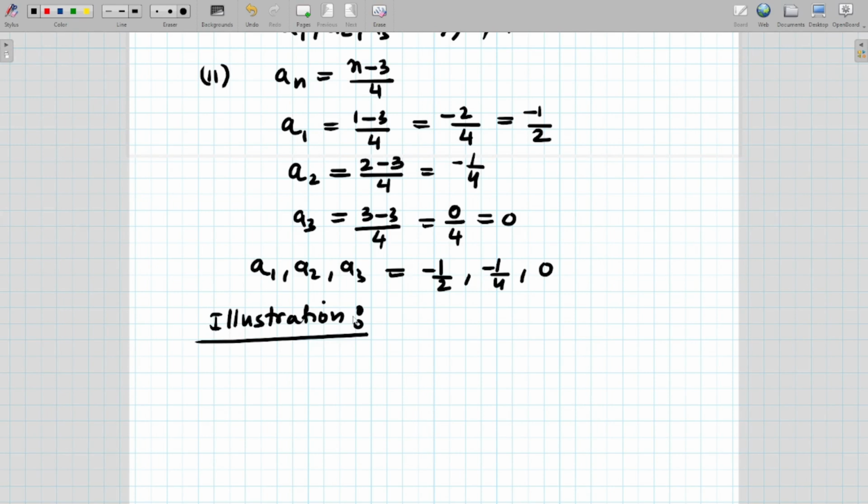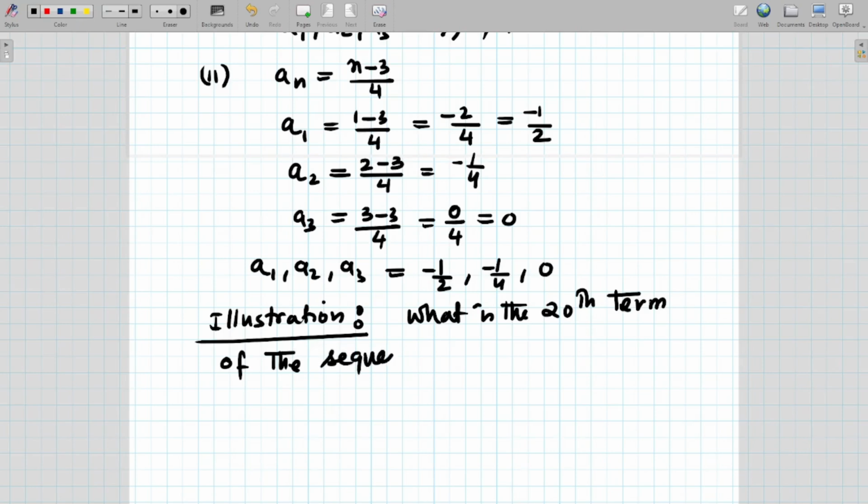The question is, what is the 20th term of the sequence defined by, what is the definition of an?